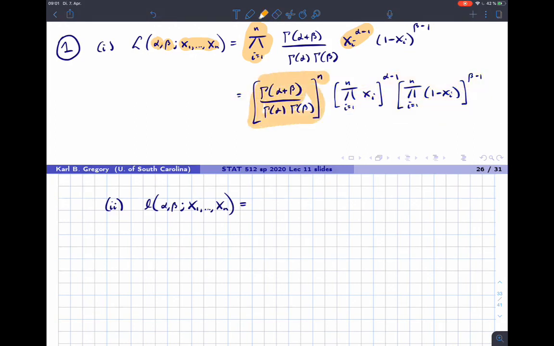First, if I take the log of this, the n will come down, and I'll have log of the gamma function of alpha plus beta. And then, since these are in the denominator, I could write plus log of 1 over gamma of alpha plus log of 1 over gamma of beta. But I prefer to write minus log gamma function of alpha and minus log gamma function of beta.